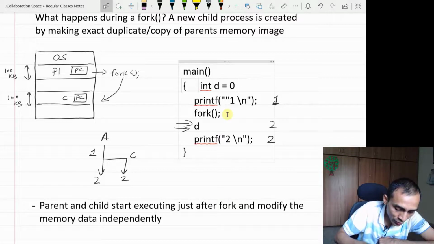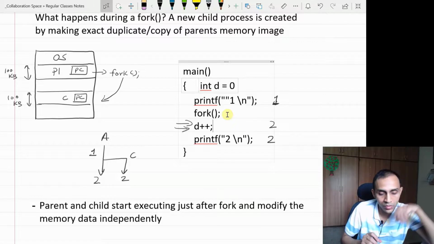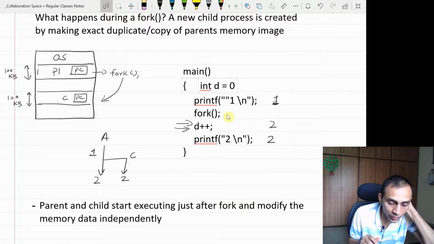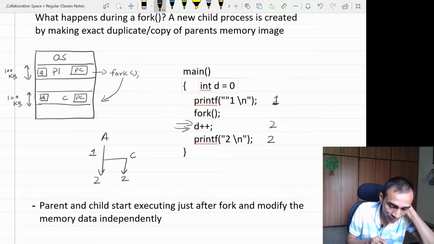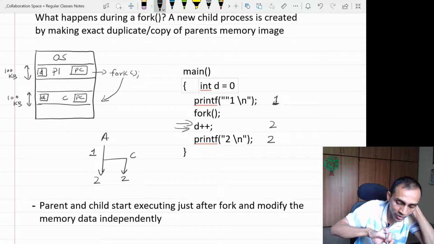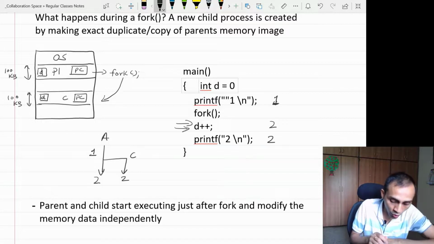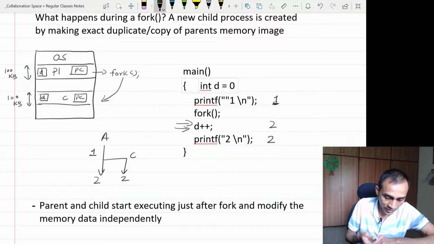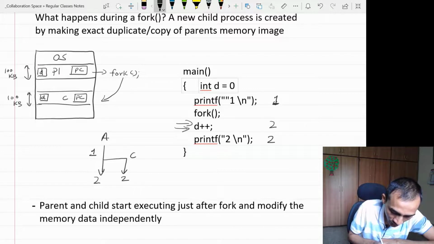Now process A is going to increment its D from 0 to 1, and C is going to increment its D variable to 1. So in both cases, this D variable will now be 1. It is not going to become 2, because these are 2 separate copies. They modify the memory data independently, because these are 2 different processes executing in 2 different memory locations. Although the code part remains almost the same, there is a way to change the code part also. We'll talk about that.